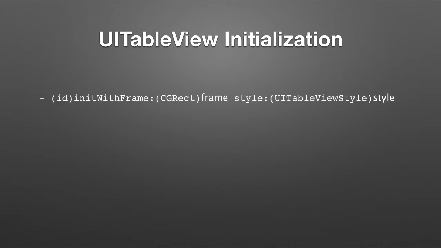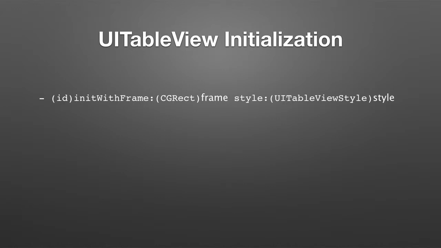However, we're not doing that. We're using the storyboard, and initialization when you have objects in the storyboard is never invoked. That's an important point. You could implement awake from nib and change the style, but we don't do that either.